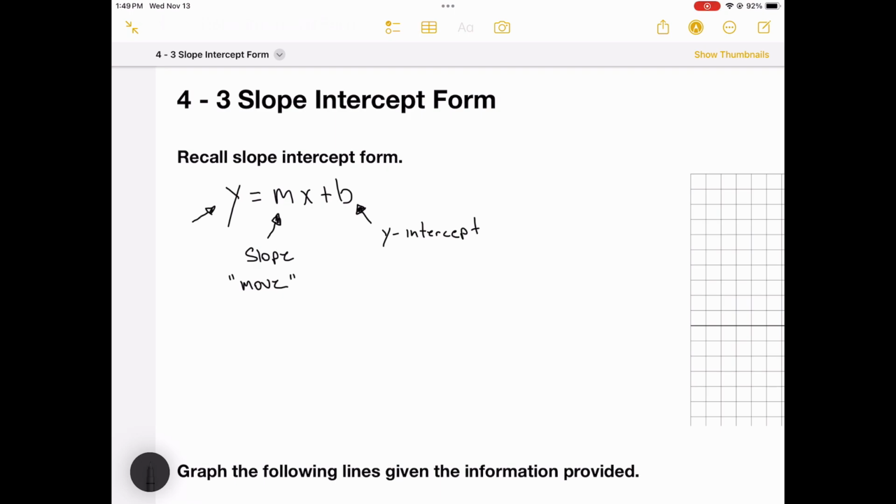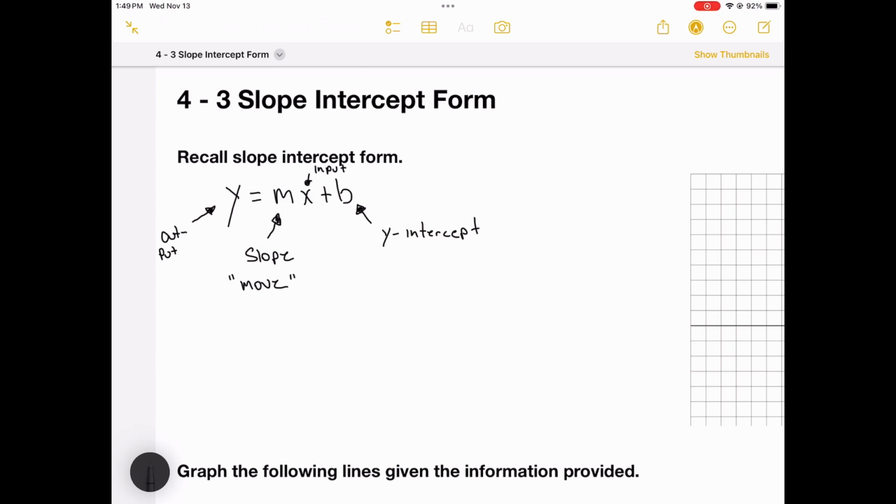The y is just some output. Most people would not even bother to put it in this. The x is some input, or these are actually an x value of a coordinate and a y value of a coordinate.